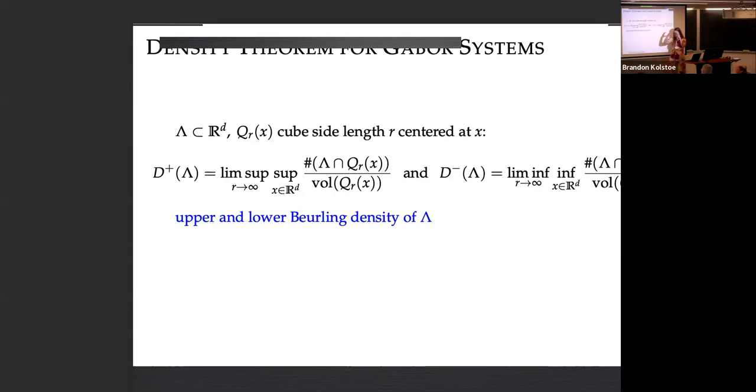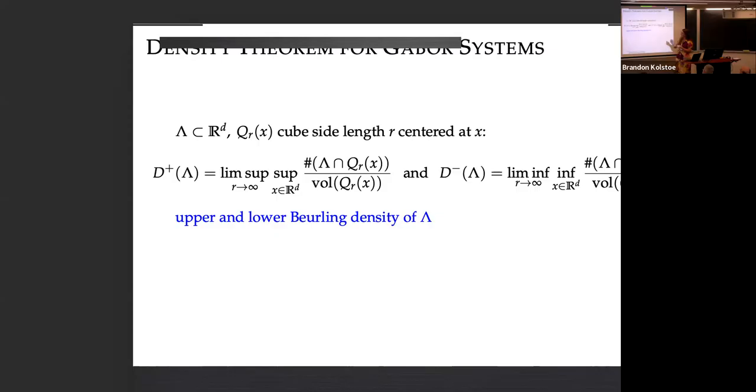I'm going to take a cube, fix an x and an r, intersect that cube with my lambda, and count the number of points at that intersection. Then I'm going to divide by the volume of the cube, which is determined by the side length. Then for a fixed side length, I take the sup over all the possible shiftings of this cube. And then I'm going to take the lim sup over all the possible side lengths. That is defined as the upper Beurling density.